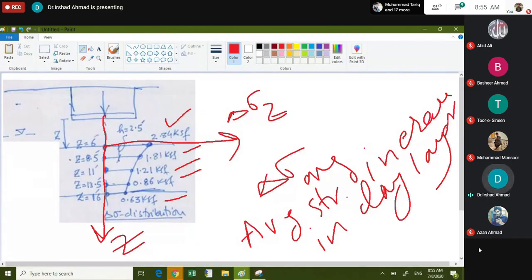In this layer, which is the clay layer, because you see the stress is decreasing with depth, now it asks what is the average stress increase, delta sigma?